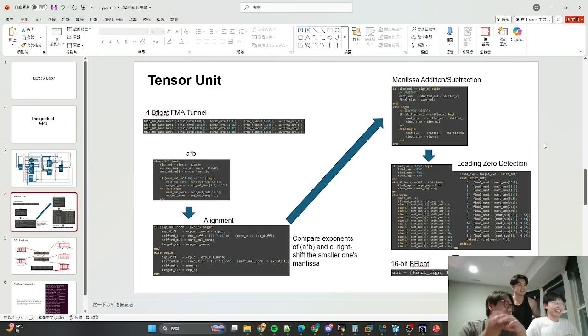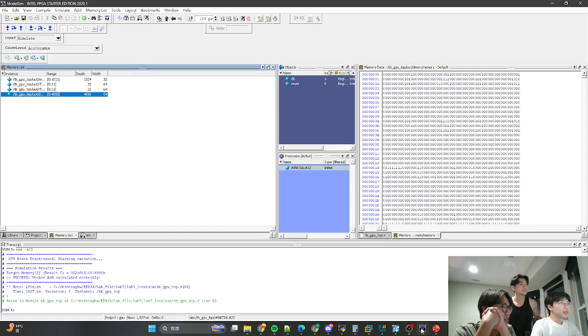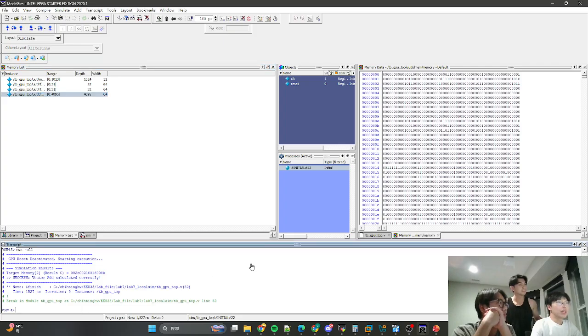Finally, we get a 16-bit float. Next, let us show our local simulation on ModelSim.